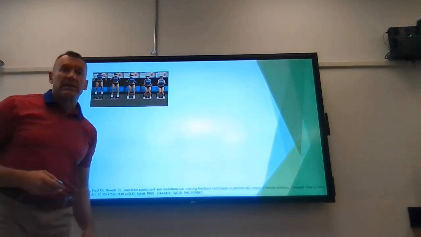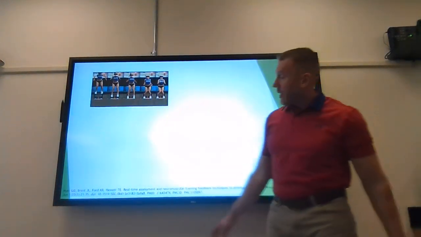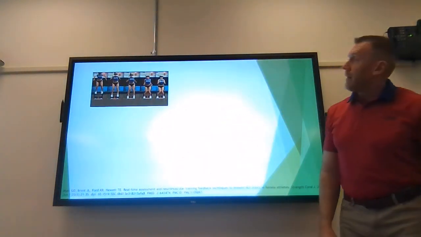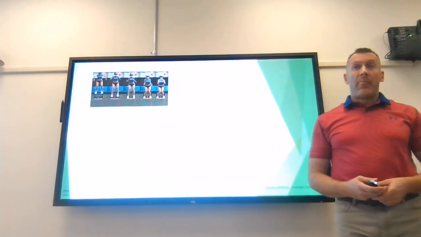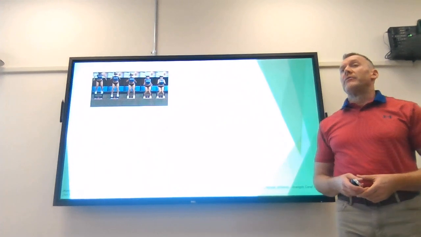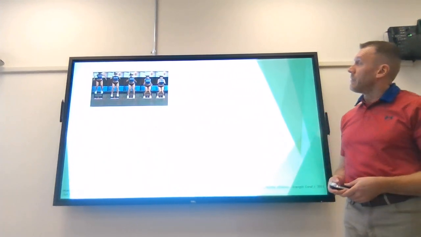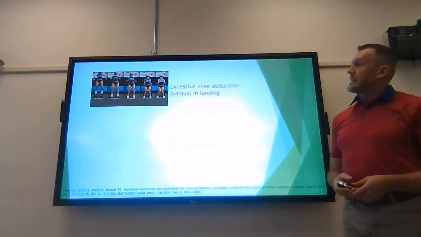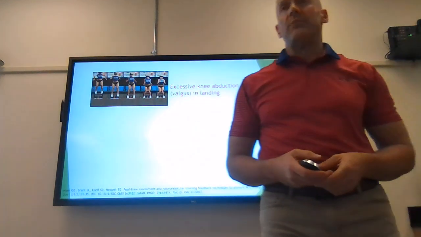So let's take some practical examples here. Here's another great article by Meyer et al. showing some still frames. What evidence would we have of poor core stability? Here's the first one. This is a series of still frames of a drop jump.